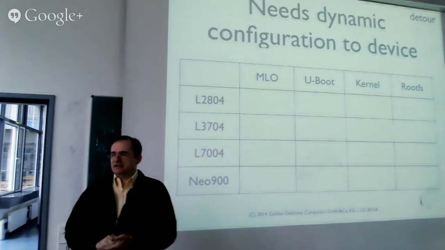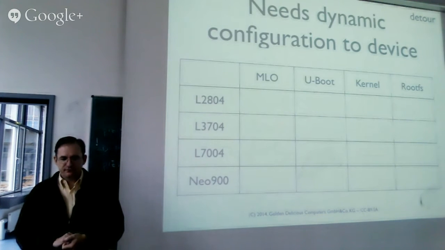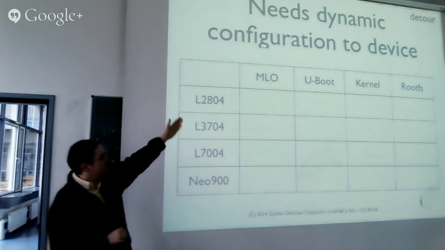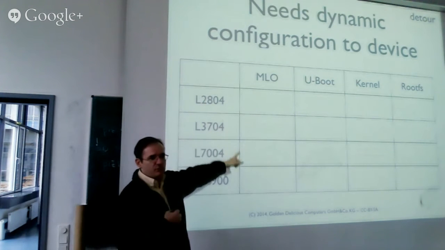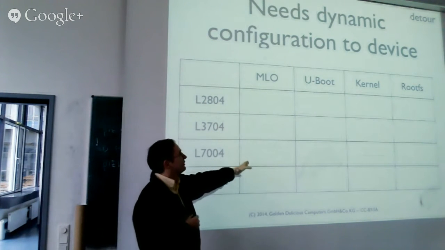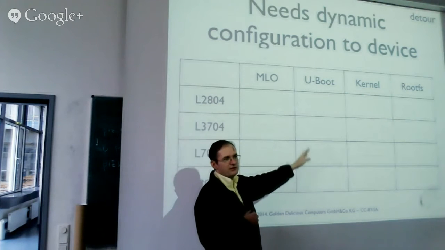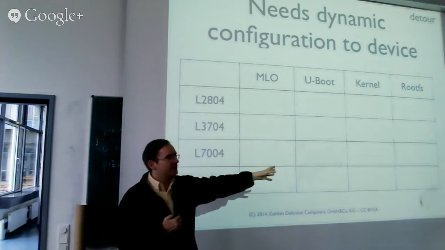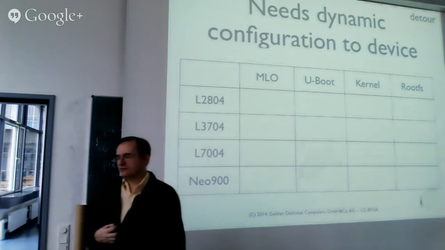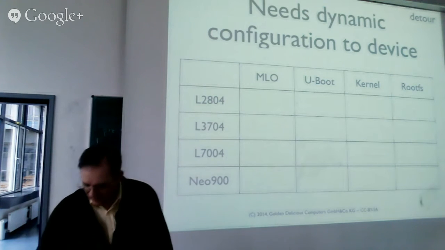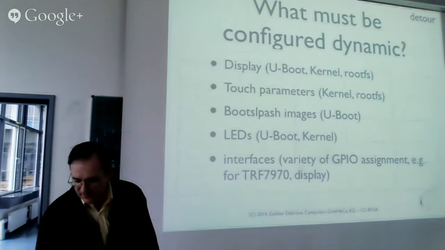That still needs some dynamic configuration. Depending on the device, we need to modify the first stage and second stage bootloader. The kernel must know about the device and to some extent the user file system as well. And I'll go through these aspects.